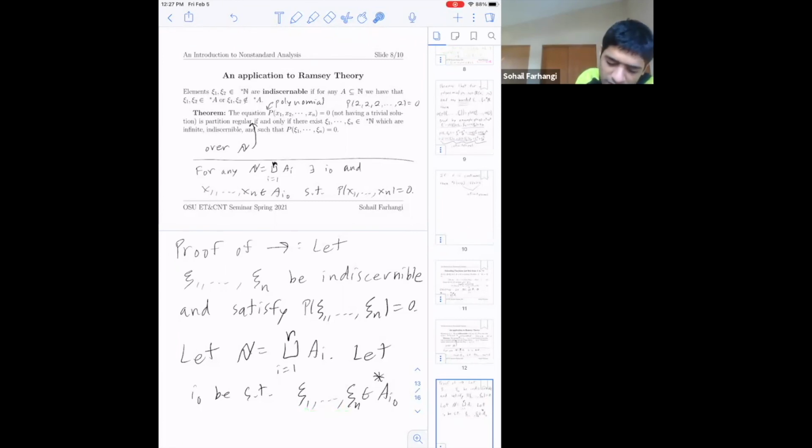Or more directly, you could just see that whichever Ai0 star contains xc1, which exists by the previous comment that this is a partition, that Ai0 star is going to contain all the rest of them. But now, what does this mean?